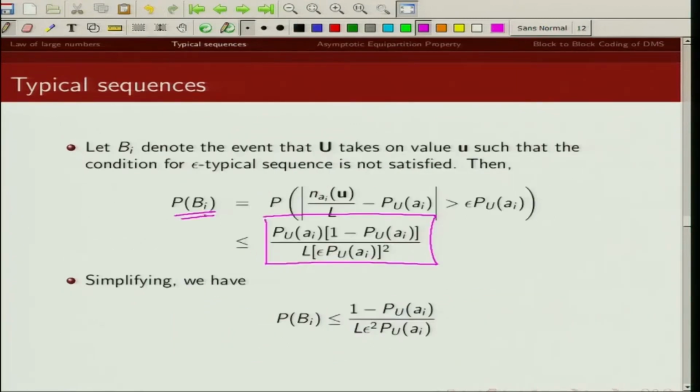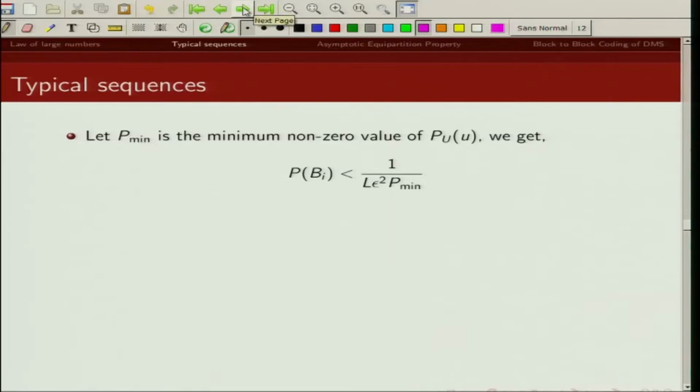The probability of this event Bi is given by probability of Ai times 1 minus probability of Ai, divided by L times epsilon square and P of Ai square. After simplifying, we can cancel one of these P of Ais. So the probability of Bi is upper bounded by this quantity. Now this is a quantity which lies between 0 and 1, so I can further simplify my expression.